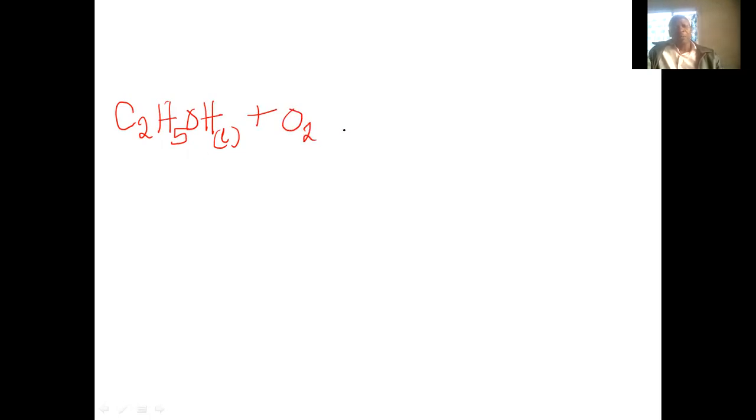This one burns in oxygen, which is a gas. And then it yields carbon dioxide, which is a gas. And then water in the form of water vapor is produced.